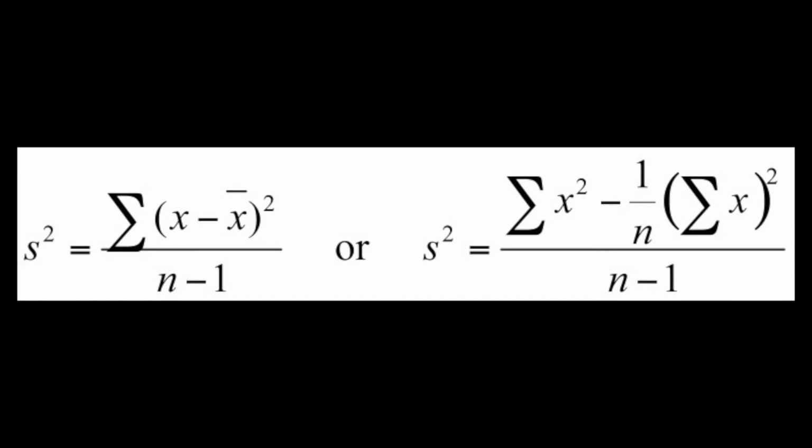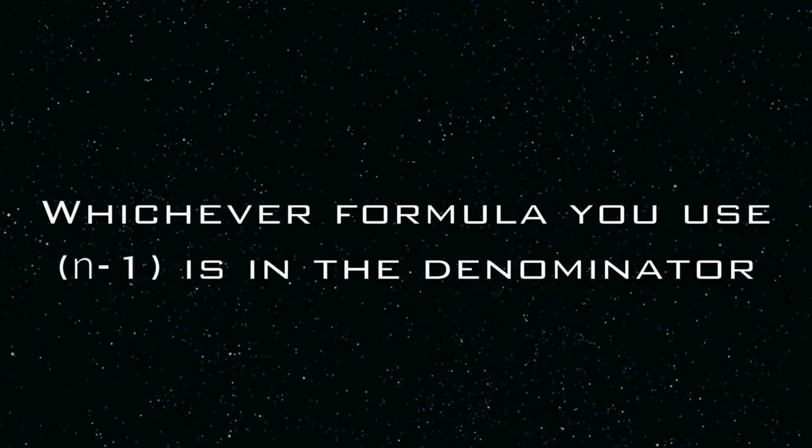Recall that the formula for the sample variance is this. Notice that whichever formula you use to find this variance, n-1 is in the denominator. This is your degrees of freedom.